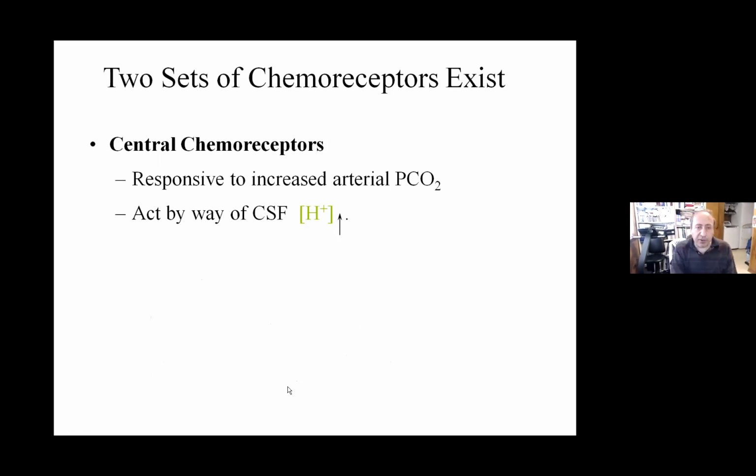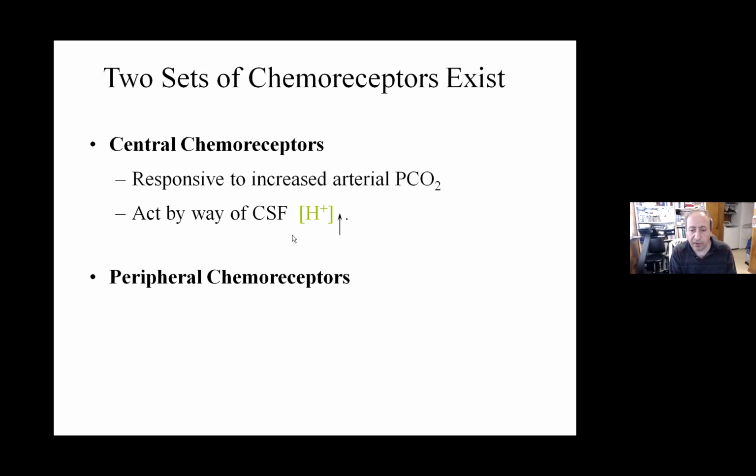Now, chemoreceptors are either central or peripheral. The central ones are responsive to the arterial pressure of carbon dioxide. The carbon dioxide level is associated with a change in pH: the higher the carbon dioxide, the more acidity.